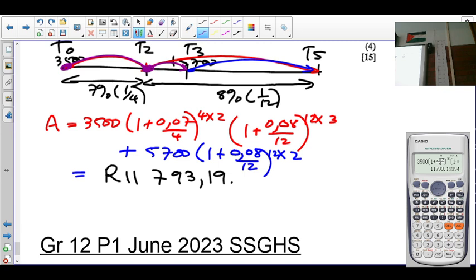You take that answer, add 5,700 to it, and that becomes your new principal. That answer into 1 plus 0.08 over 12 to the exponent 12 times 2 should give you the same answer of 11,793 Rand and 19 cents.